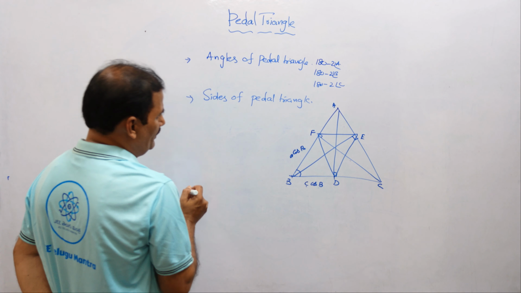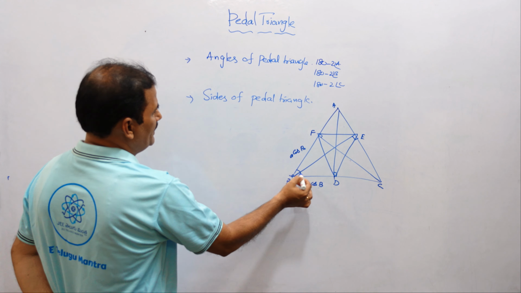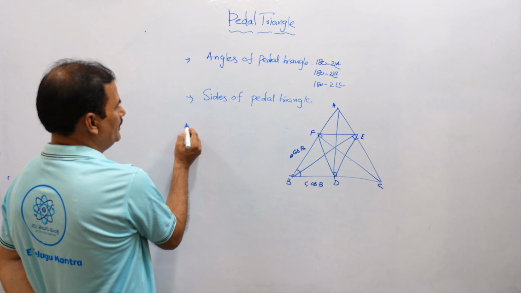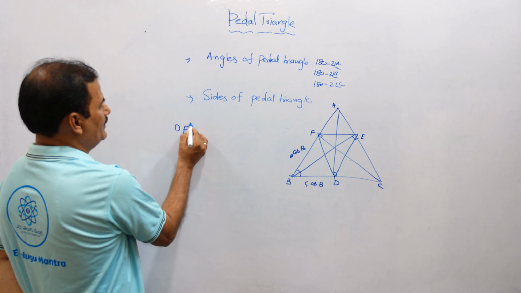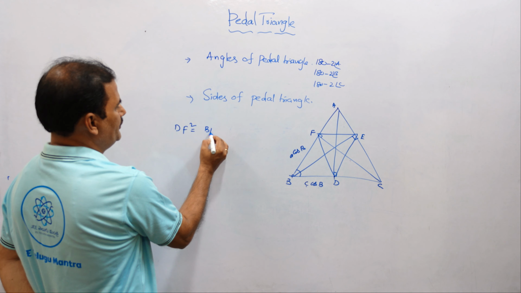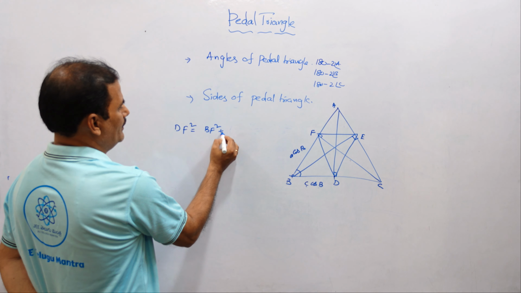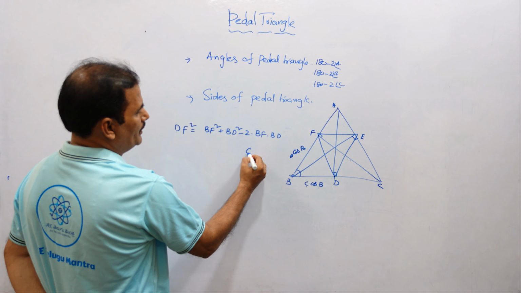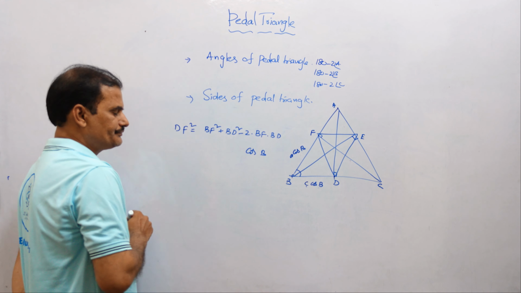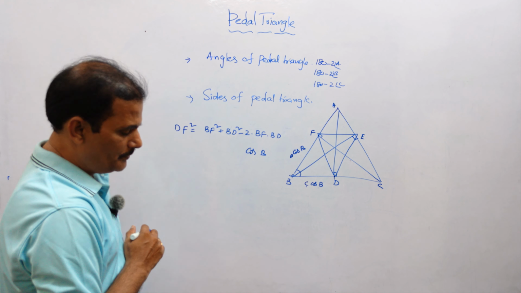Now I want DF, so we apply the cosine rule here. From the triangle BDF, DF square is equal to BF square plus BD square minus 2 into BF into BD into cos B. This is the cosine rule.